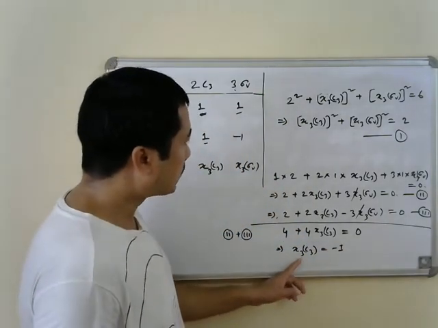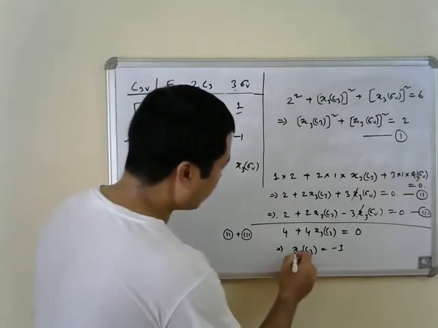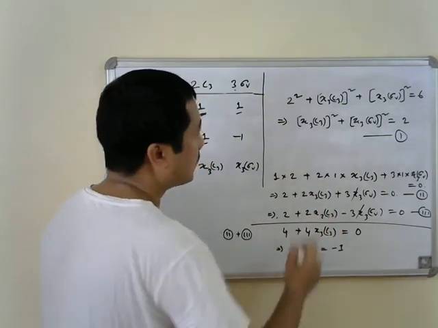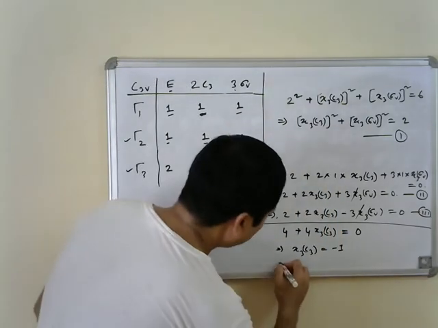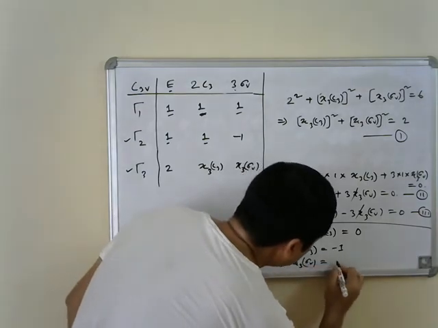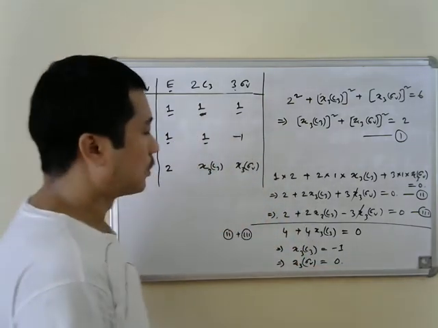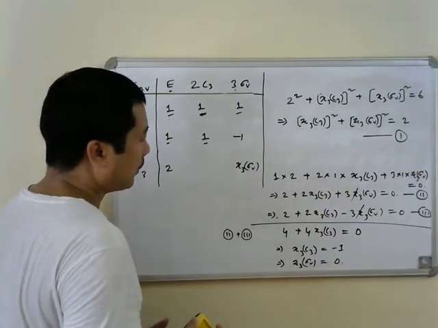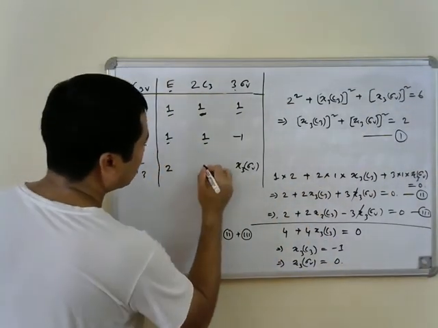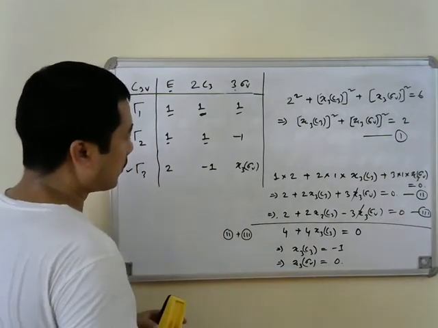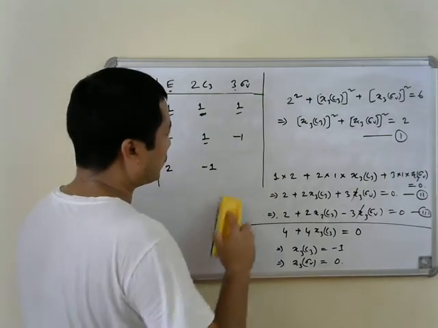When we substitute the value of chi3 c3 in any one of these two expressions, say in this expression over here, we will get that chi3 sigma v is equal to 0. So we can easily find the values: chi3 c3 is equal to minus 1, and chi3 sigma v has to be equal to 0.